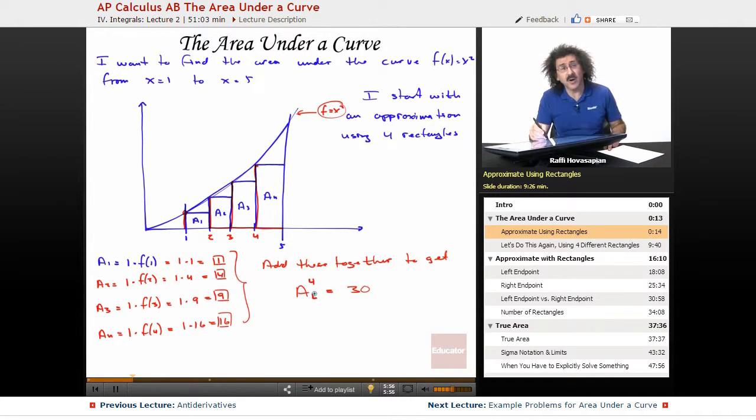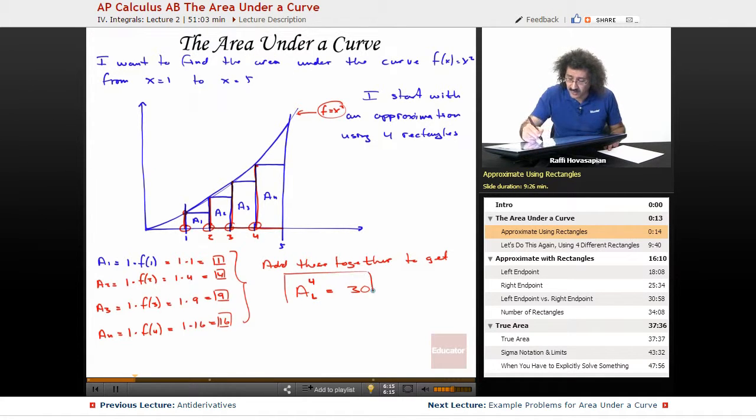L stands for left endpoint. I chose left endpoints of each rectangle to go up to my graph. Left endpoint for this rectangle, left endpoint for this rectangle, left endpoint for that rectangle. So that's what this symbolism means.